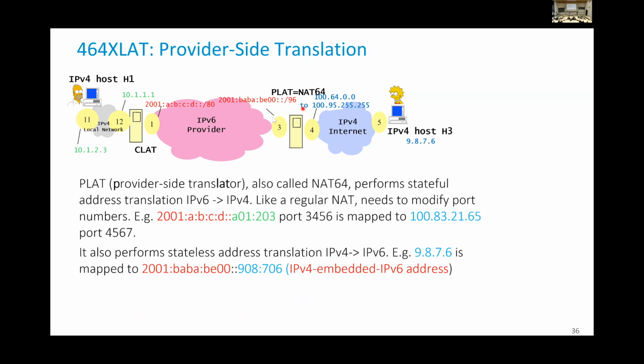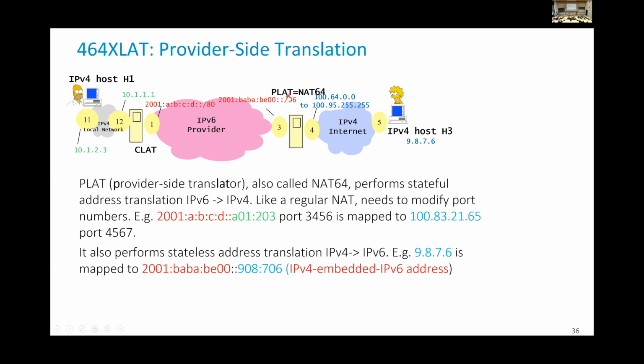On this part here, of course, it's not so easy because on this part, we have IPv6 addresses that need to be mapped to IPv4. IPv6 is very large. IPv4 is very small. So we have exactly the problem we had with a NAT, where a NAT has to map a large number of things into a smaller thing. So we do exactly this.